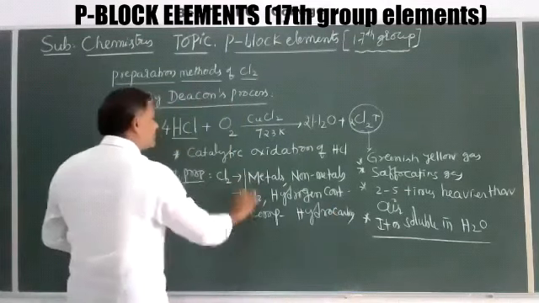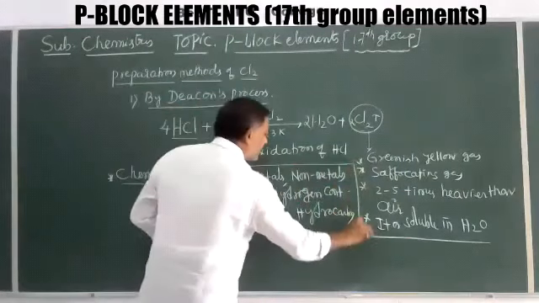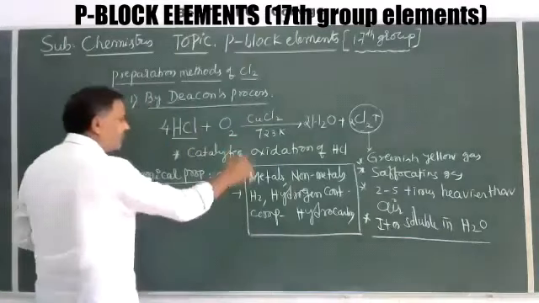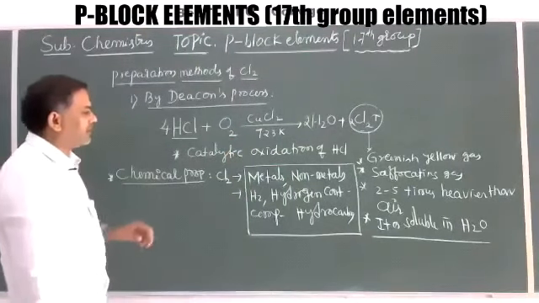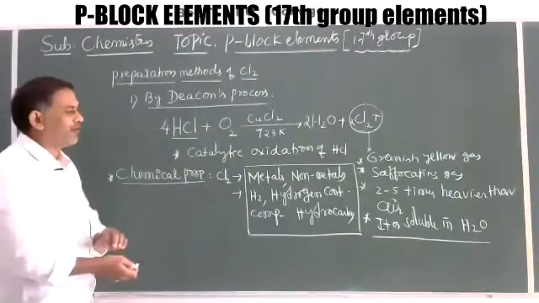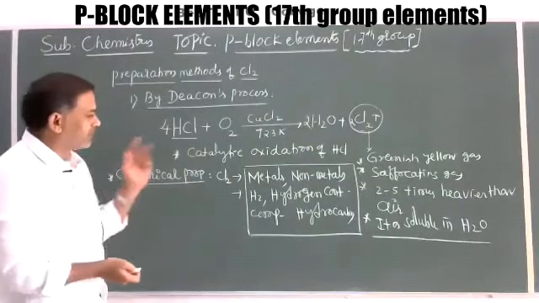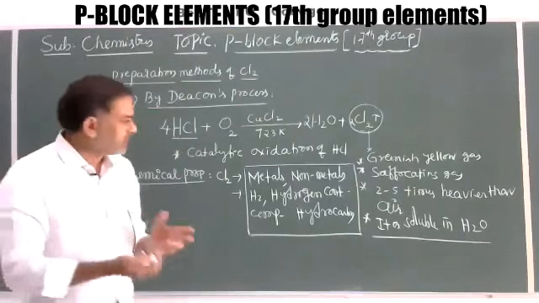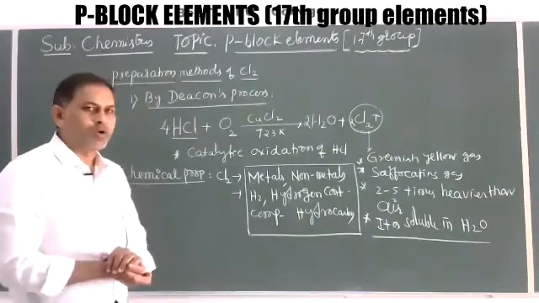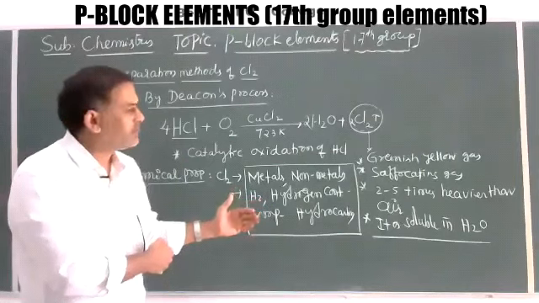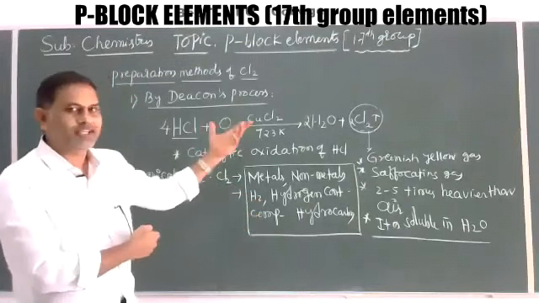Based on this, chlorine shows wide applications. Different uses are there for chlorine. So we will explain how chlorine reacts with metals, non-metals, compounds containing hydrogen or hydrocarbons, and with some other metals and non-metals.